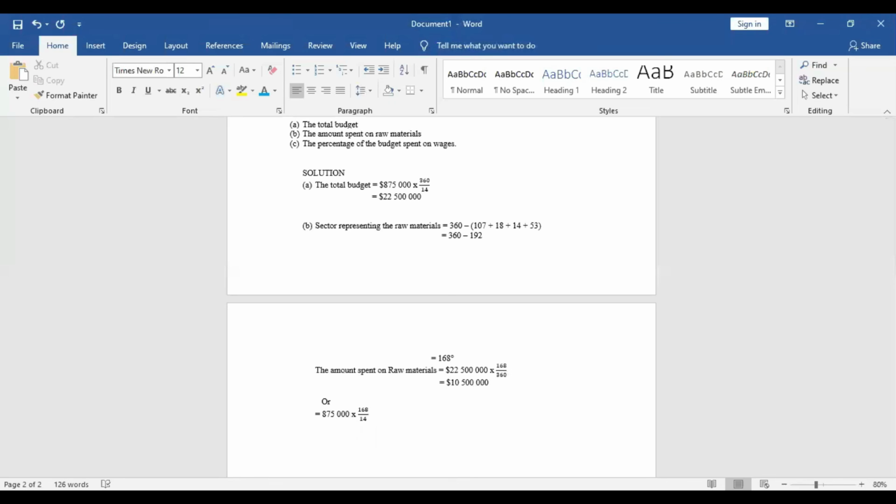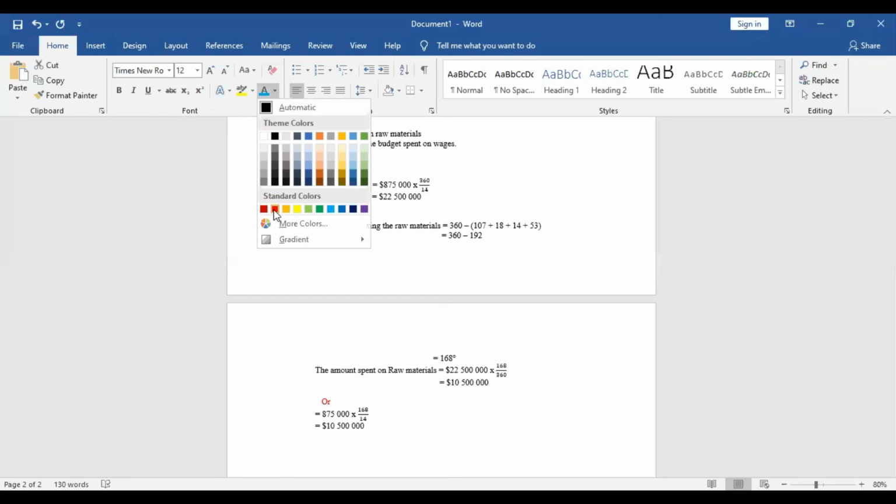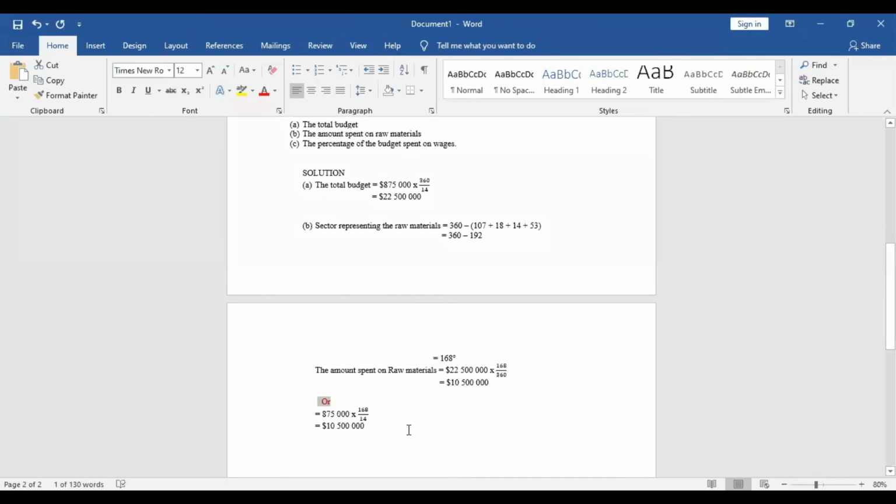When you calculate that, you're still supposed to get 10,500,000. Can somebody confirm that? Are you able to get the same figure? Yeah, miss. Good. So either way, you're absolutely correct. You could have done it both ways. Same answer you will get there. Are we clear there? Do you want me to go back to anything?